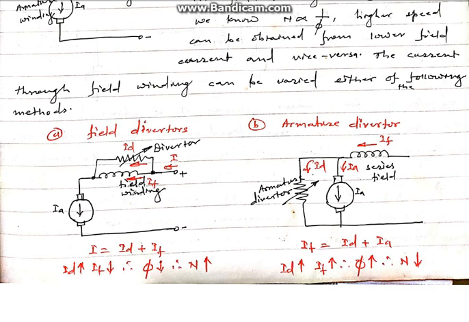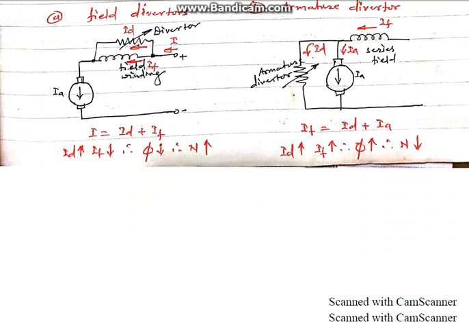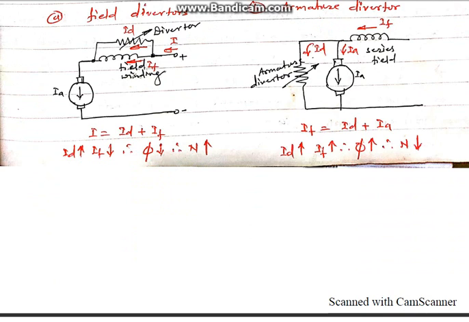Secondly, the armature diverter. In the same fashion, you can control the speed of the series motor by connecting a diverter across the armature winding, by which you can vary the current flowing through the armature. If diverter resistance is less, then diverter current will be more.